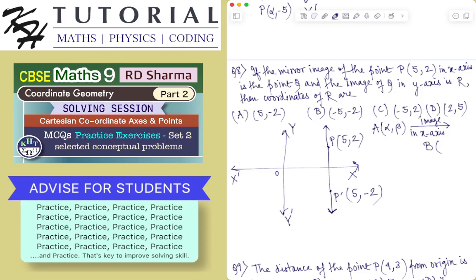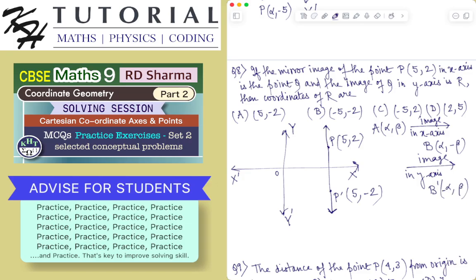The abscissa remains the same and the ordinate becomes negative: (alpha, minus beta). Similarly, for the same point A (alpha, beta), what will be the coordinates of its image in the y-axis? Let's say it is B'. You keep the ordinate the same, and you take the negative of the abscissa: (minus alpha, beta).